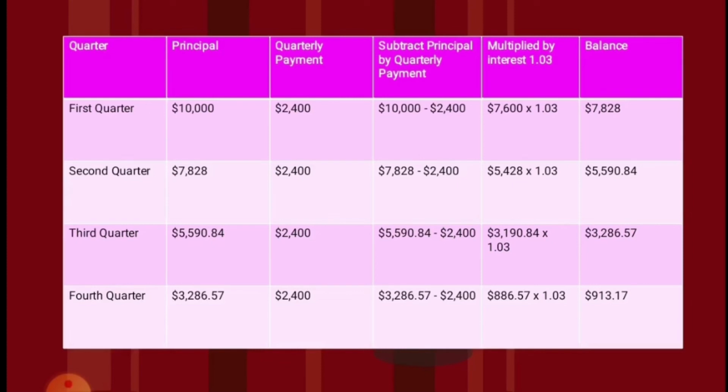Now for the first quarter, our principal is $10,000. And our quarterly payment, as I have said earlier, is $2,400. Then we subtract the $10,000 by $2,400. By subtracting, we get a difference of $7,600.